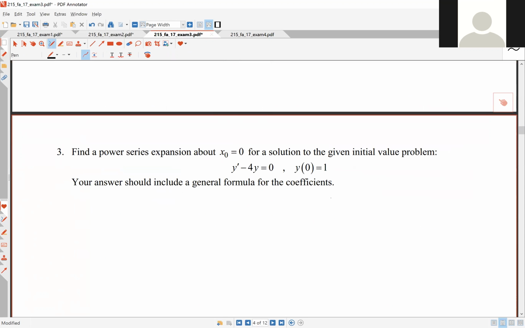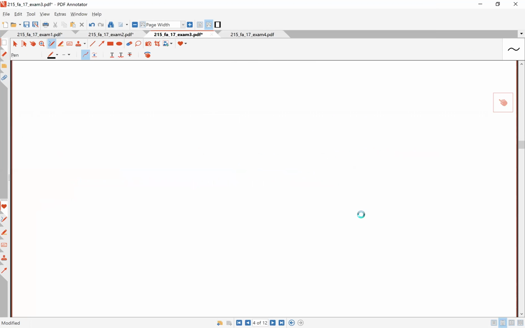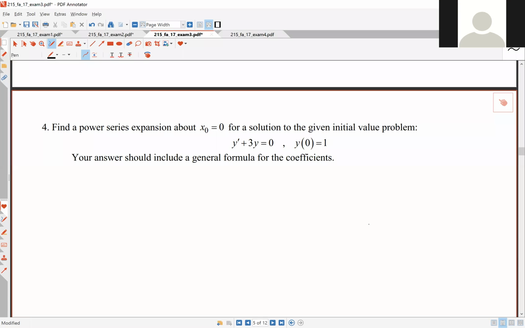I know I went over this one in class. And this is on the final. This is the same problem, just different numbers.